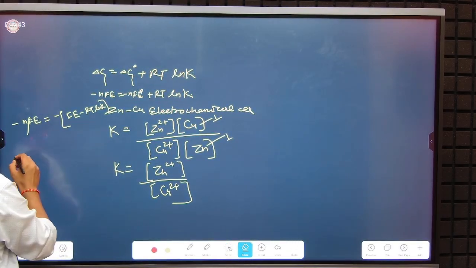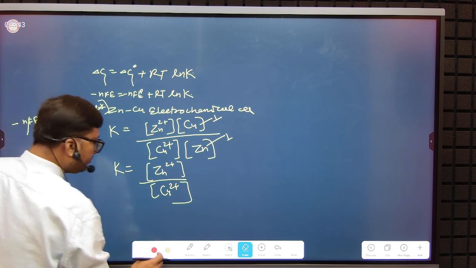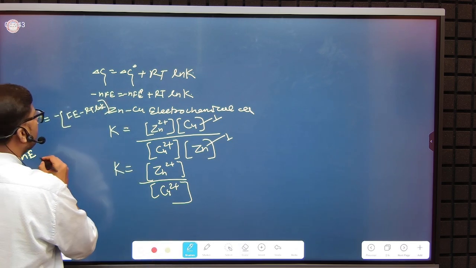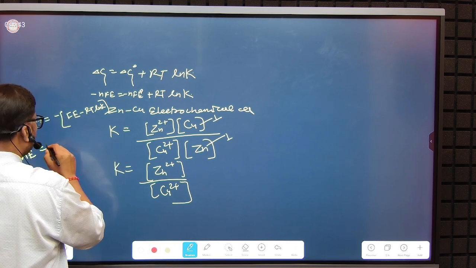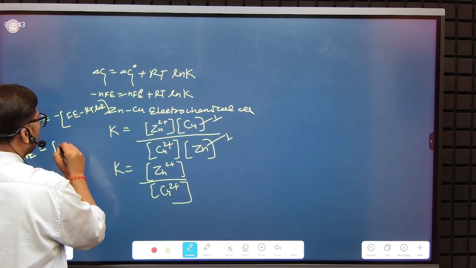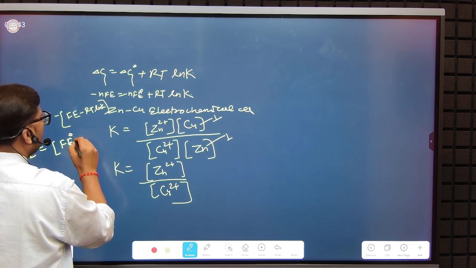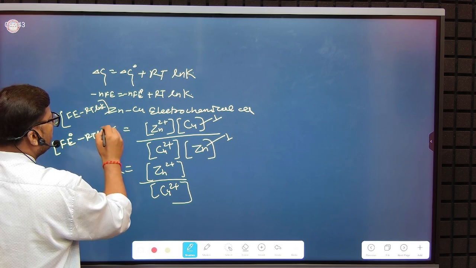What happens naturally? nFE is equal to nFE0 minus RT ln K, right?